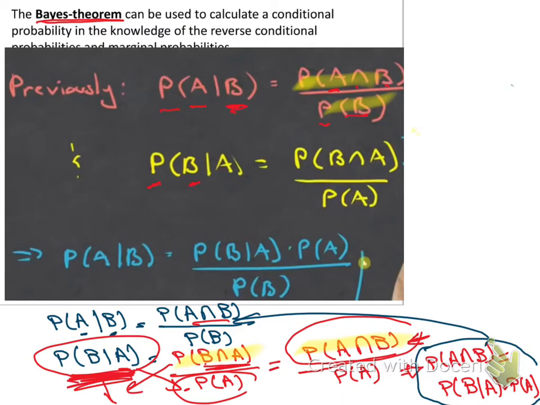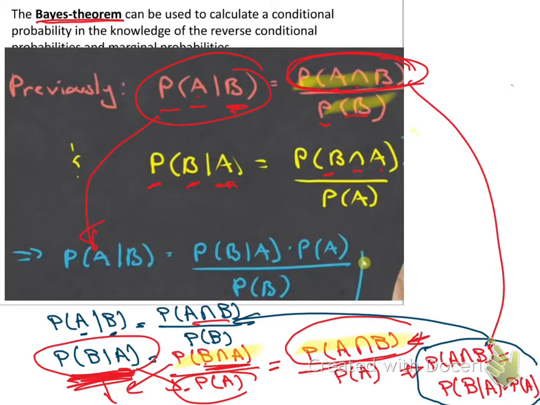The probability of B given A equals the probability of B intersect A divided by the probability of the last one, which is the probability of A. So I can write the probability of A given B, and I replace this probability of A intersect B by the probability of B given A times the probability of A.